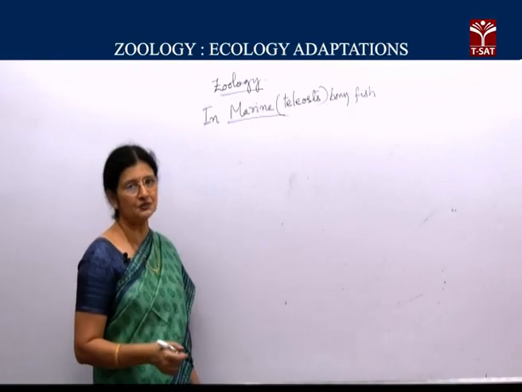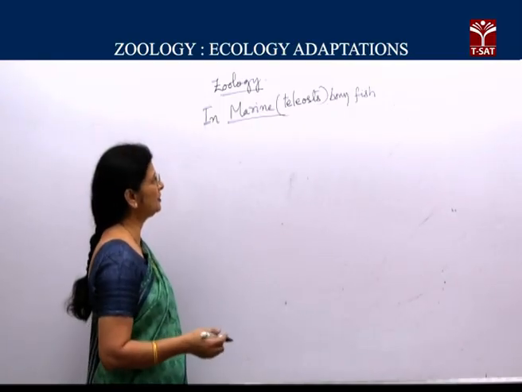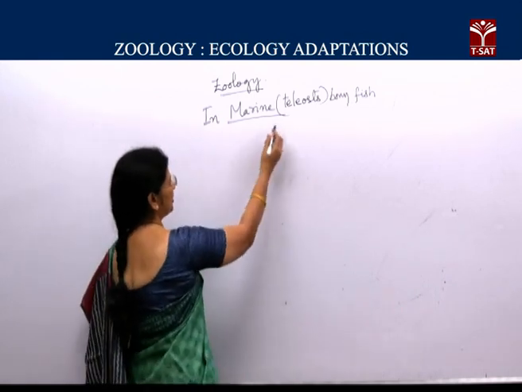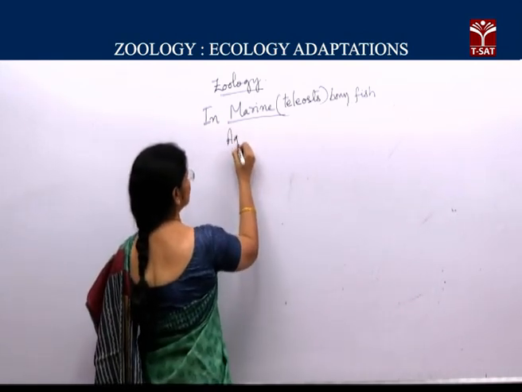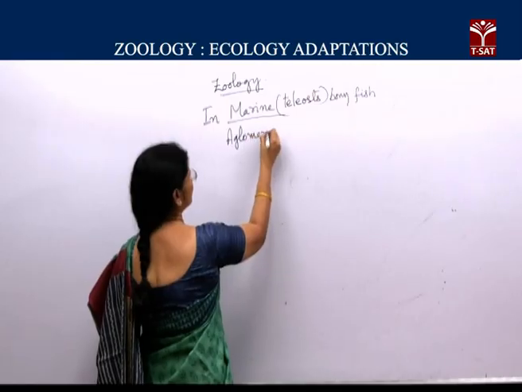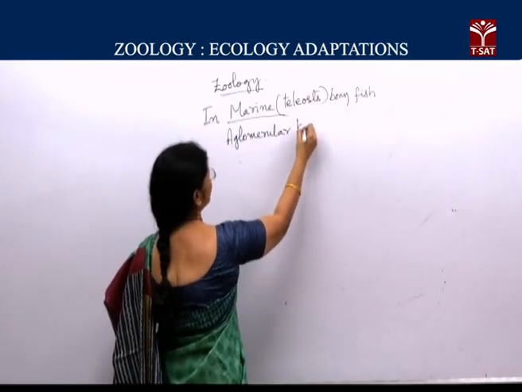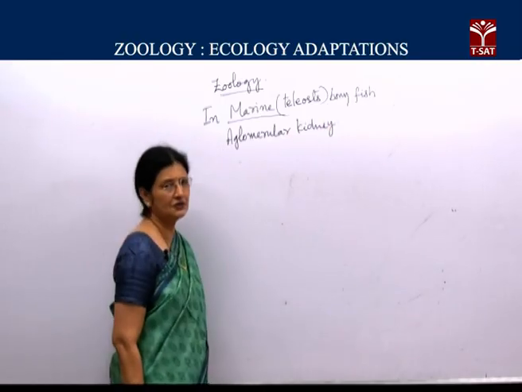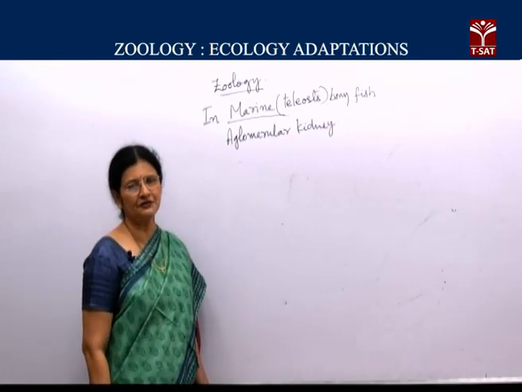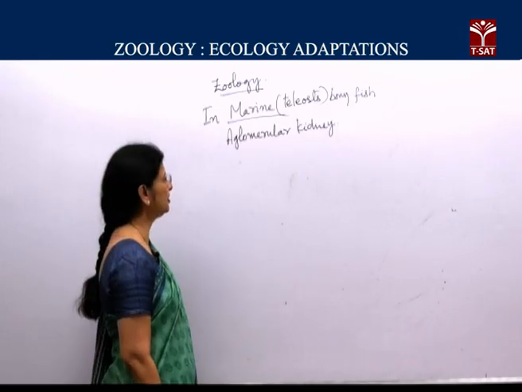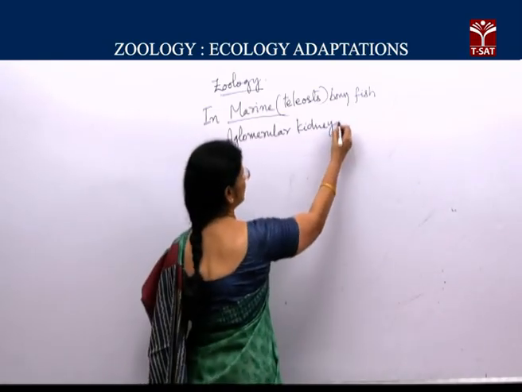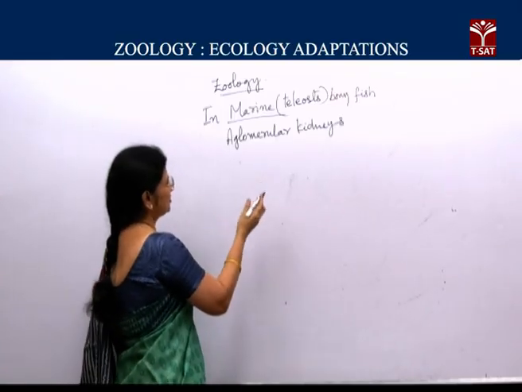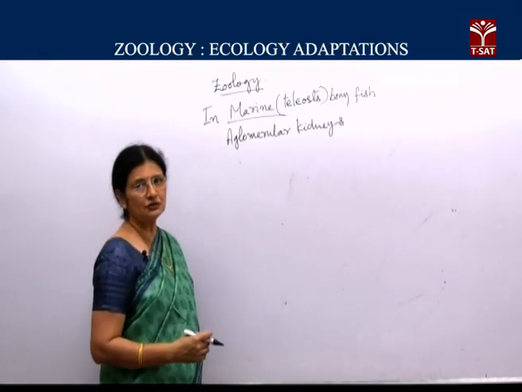So, they face the problem of exosmosis. To withstand this, marine bony fish have aglomerular kidneys. The number of nephrons is very small and glomeruli are poorly developed. And mostly ammonia goes out through gills only.